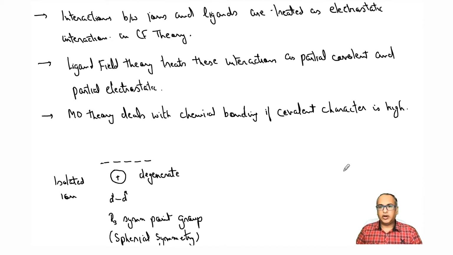Now when you go from here to, let's say, the octahedral case where there are 6 ligands approaching, the external symmetry will be modified based on the ligand field.